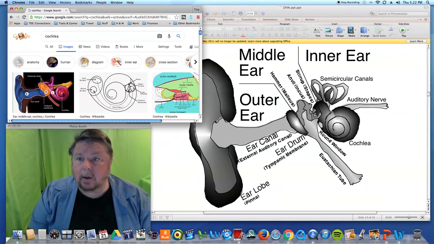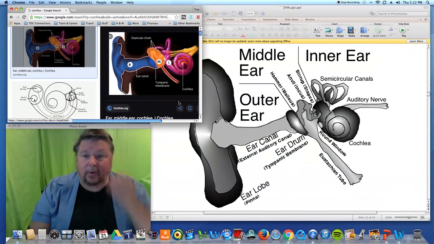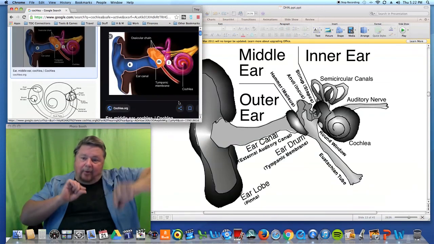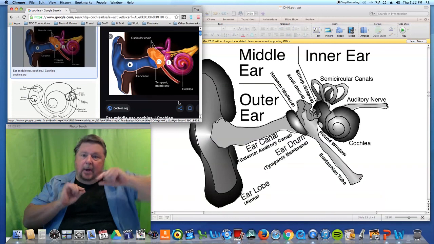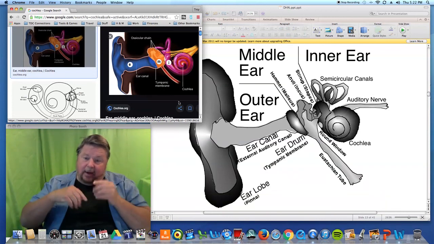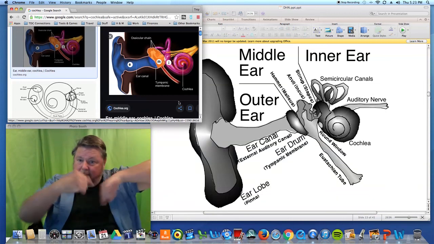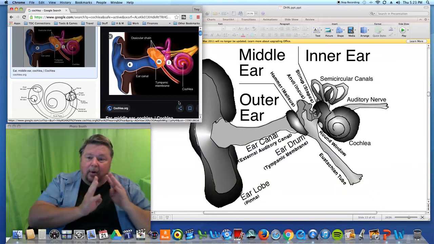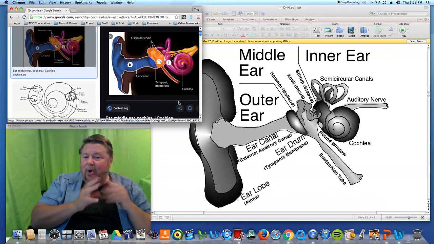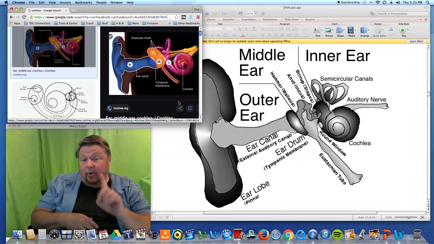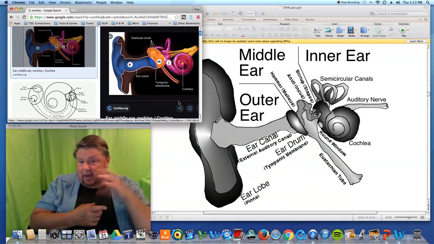Yeah, we'll take that one. So the idea here is that the cochlea spirals, right? And you have hair cells inside, and these things flow with the fluid, with the water in the cochlea.